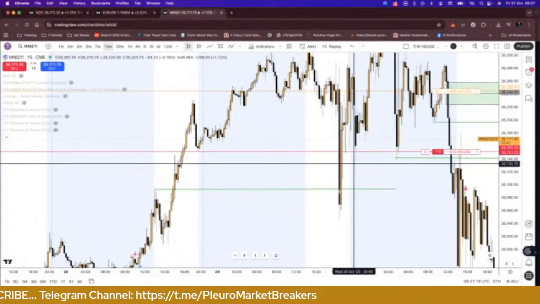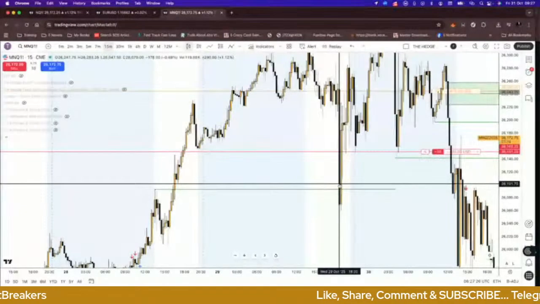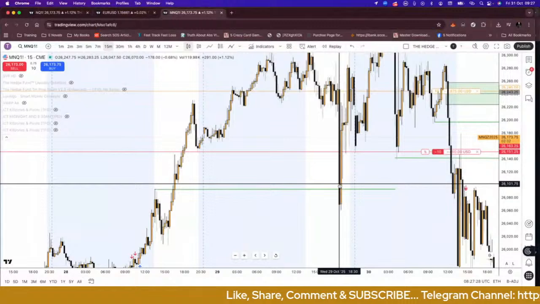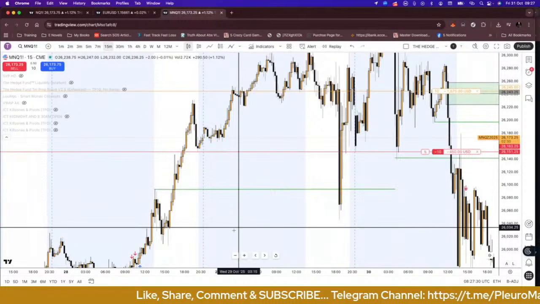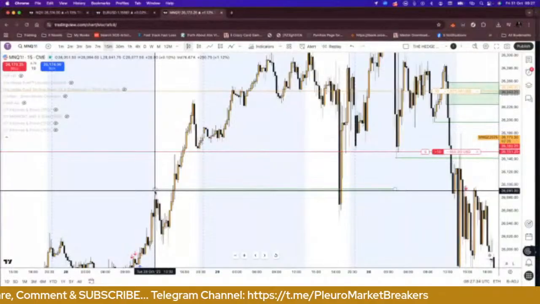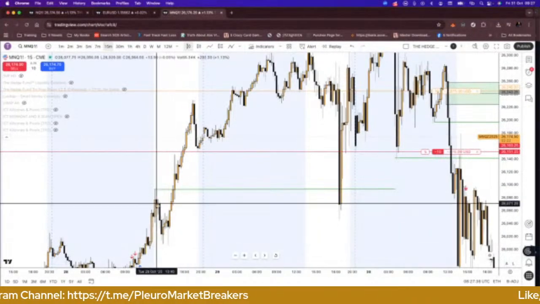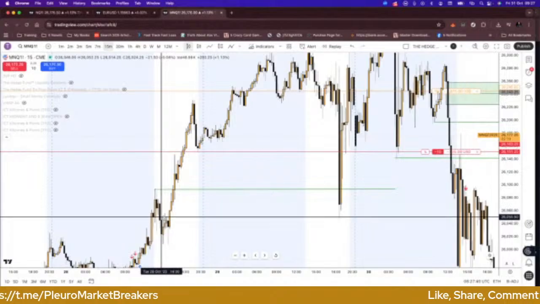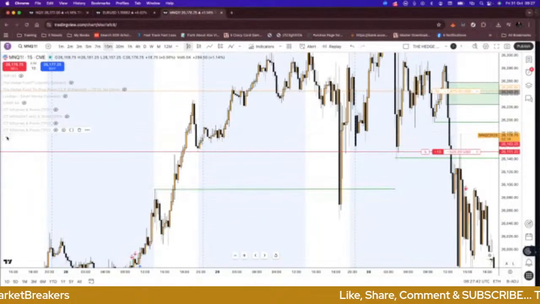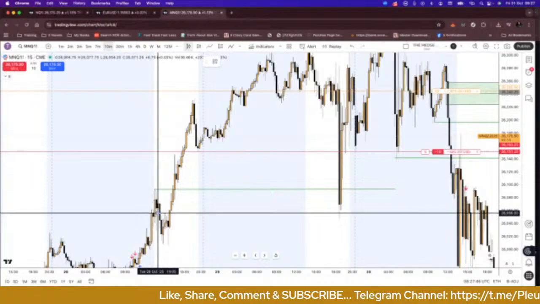What happens when it comes back down? Again, the key phrase here is if you're in the right higher time frame direction. All you need to do is take an entry here, put your stop loss here, or here. I think this was a fair value gap.